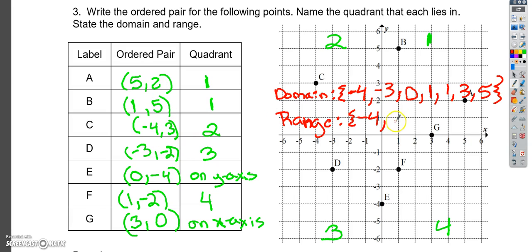Then -2, 0. There's 2 -2's, but we only write it once. 2, 3, then 5. And that's the domain and range. The set of x values and the set of y values.